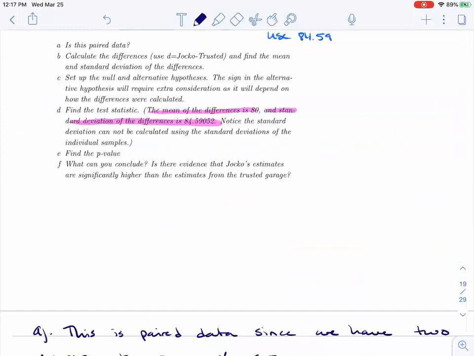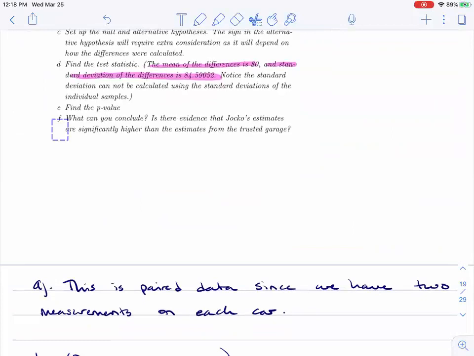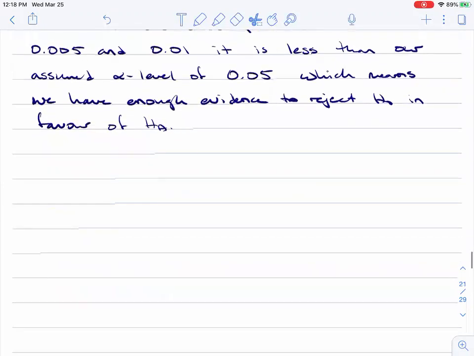Is there evidence that Jocko's estimates are significantly higher than the estimates from the trusted garage? Here, I'll even steal it, copy, just so we can reword it.